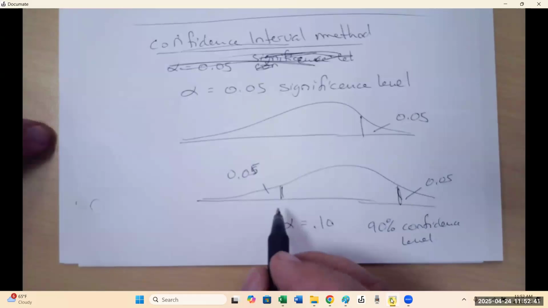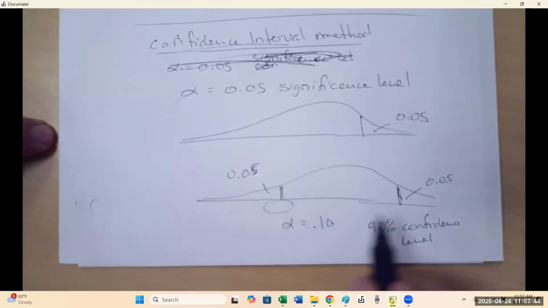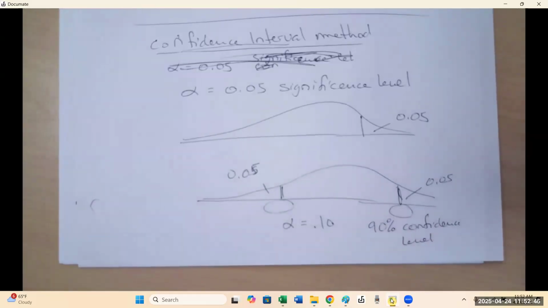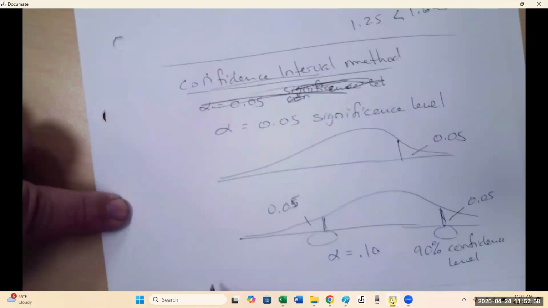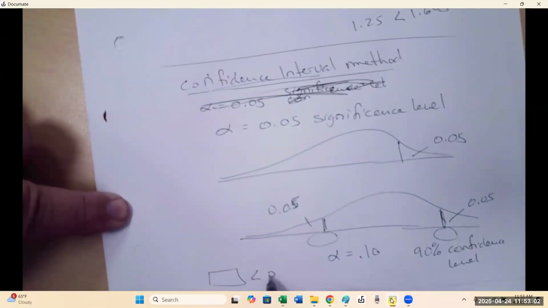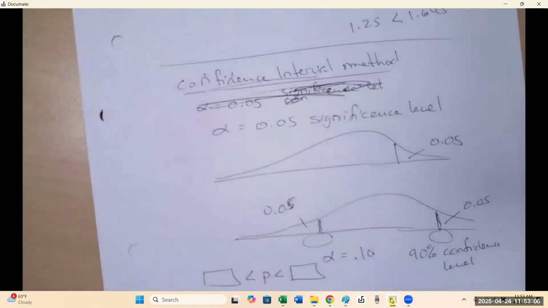So that means we have to find the values here at both ends. Because what we're looking for is this: we have the lower bound is less than our P and our upper bound. That's what we're looking for. That's why it's called the confidence interval.